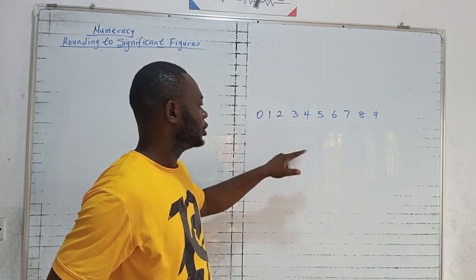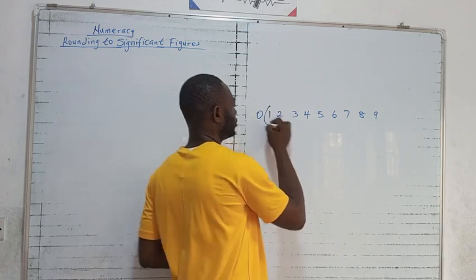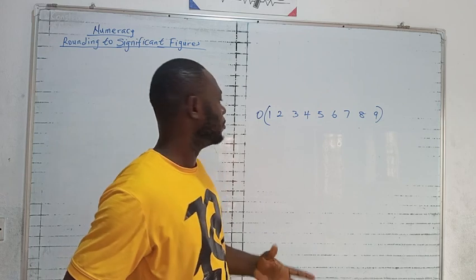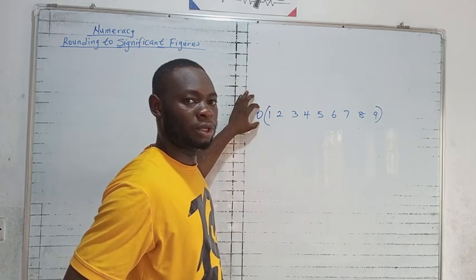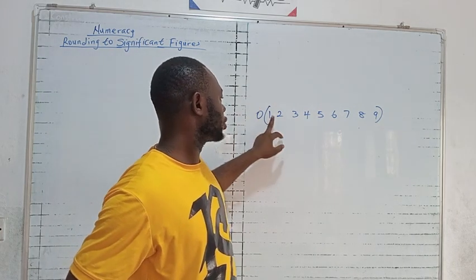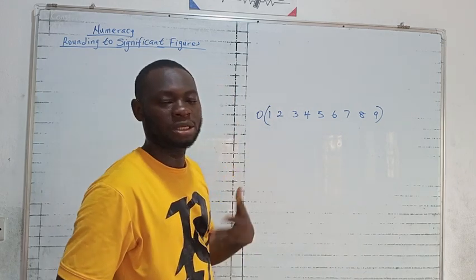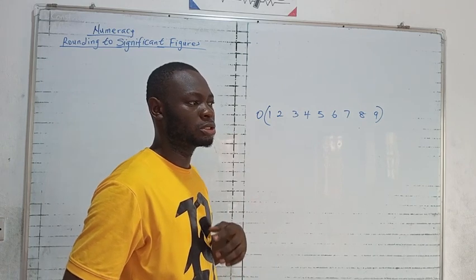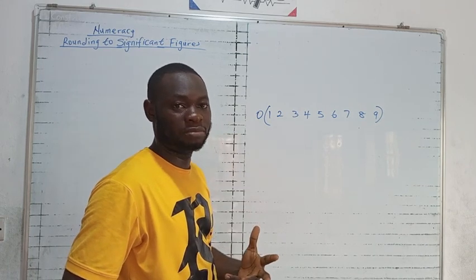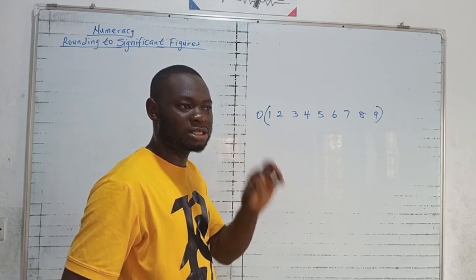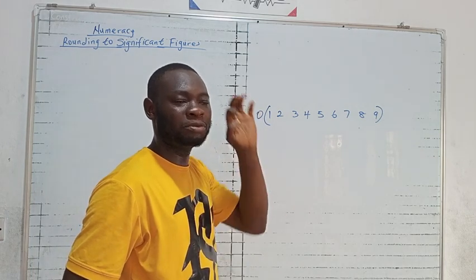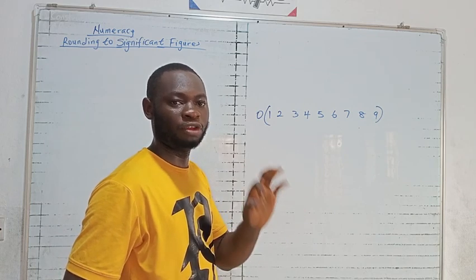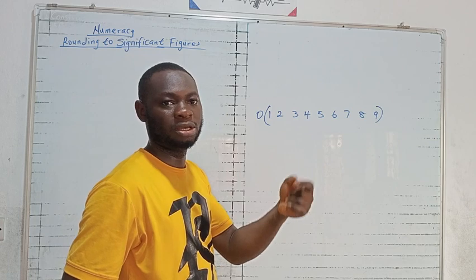Looking at this, you will notice that 1 to 9 actually have value more than this. So we call these digits significant numbers. 0 is not an insignificant number, but its significance is determined by its position in the number as a result of its place value.